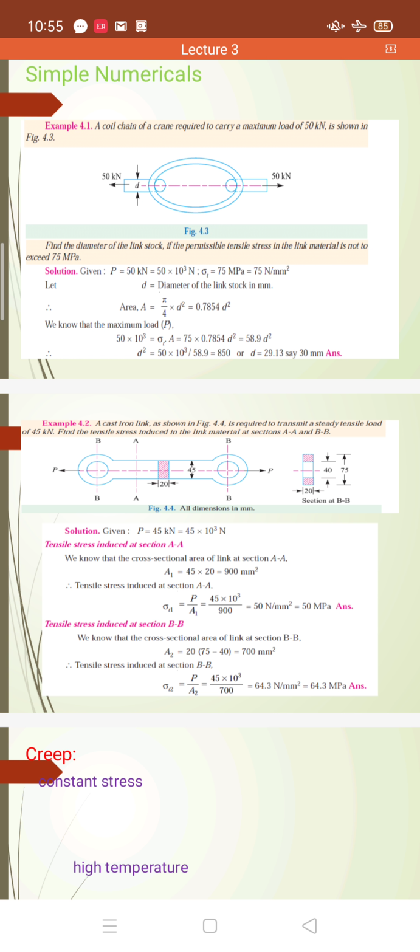So d square is equal to 50 into 10 raised to 3 upon 58.9, which is equal to 850. Taking the square root of 850, you get d as 29.13, which by rounding off is 30 mm.